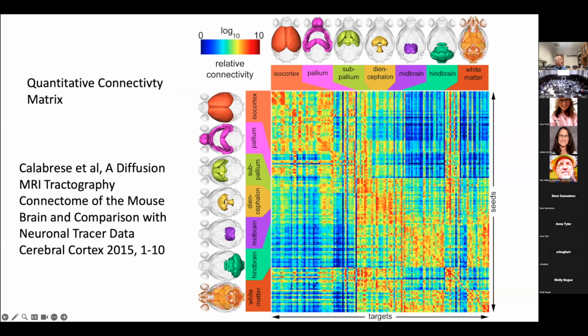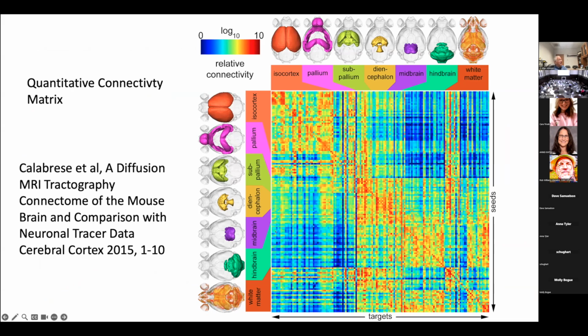So if we go to the hindbrain and say, how connected is this region of the hindbrain to isocortex or to pallium or to subpallium? The color is a log 10 scale. So there's enormous dynamic range in this.